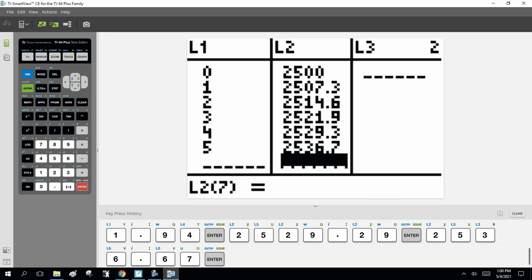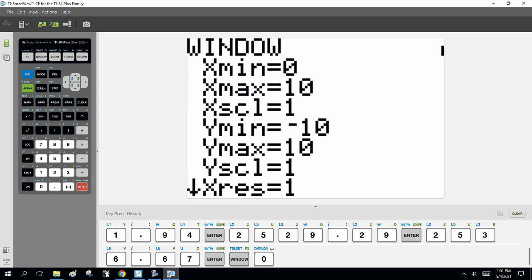There we go. Now, I really want you to graph this just in case you make a math boo-boo putting the numbers in. So, now look at our windows. X goes from 0 to 5.